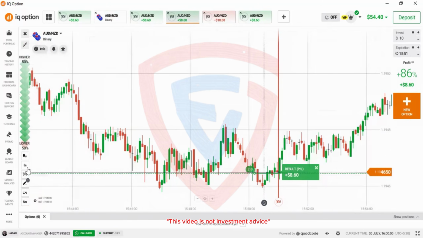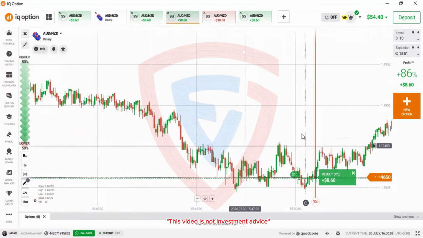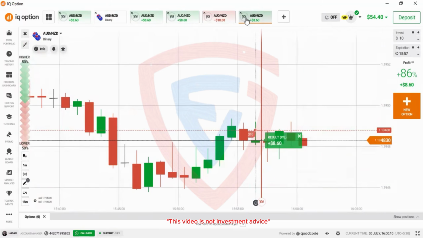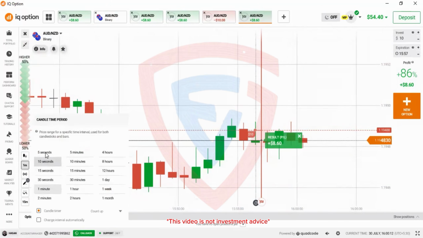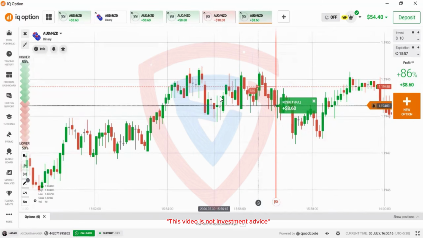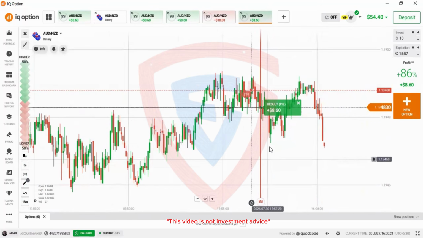Even if it is a red candle or green candlestick, because of your entry point, you will get winning trades. Or if you want to predict the next candlestick directly, you need to observe the market direction. If you observe the market direction, the new lows and new highs, then you can place directly too. It will also give you winning trades. But if you place your trade with the right entry point, then it will definitely give you a winning trade.